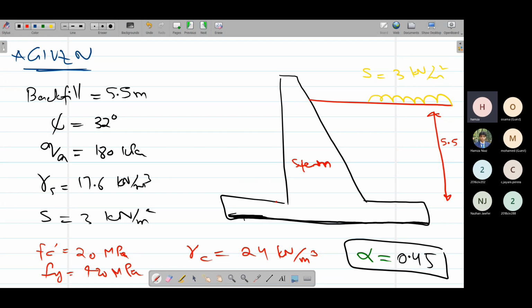This front portion away from the backfill is known as the toe, and the portion on which the backfill is resting is known as the heel. So these are the three main portions of a retaining wall: toe, stem, and heel. And this whole base, which includes heel and toe, we can simply call the base or base slab.